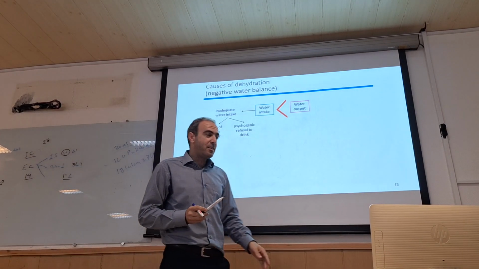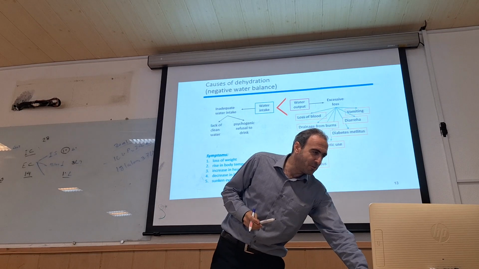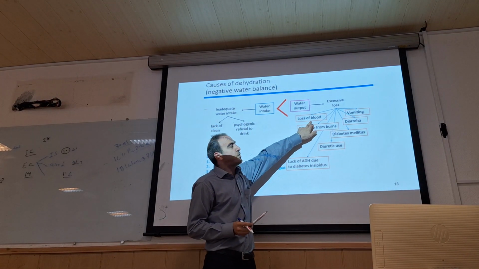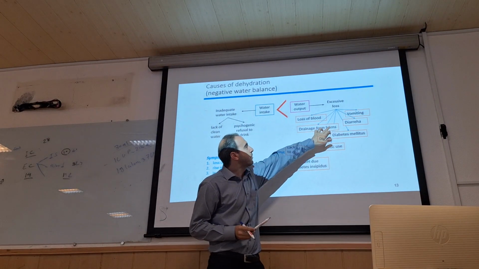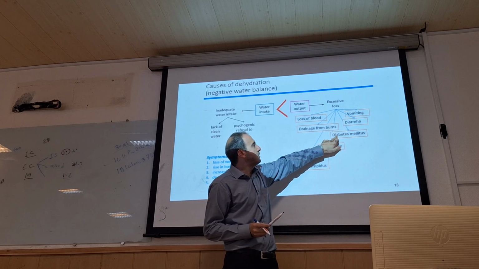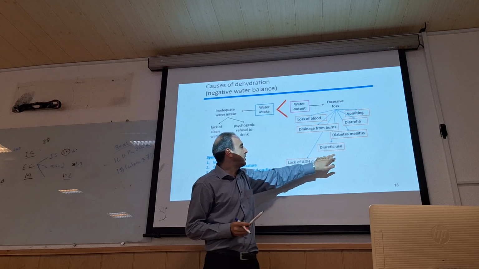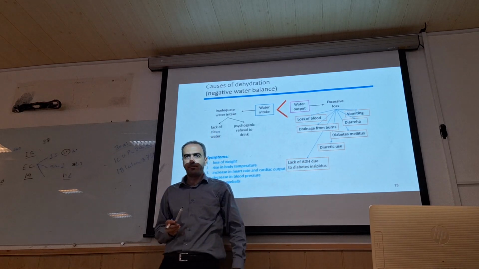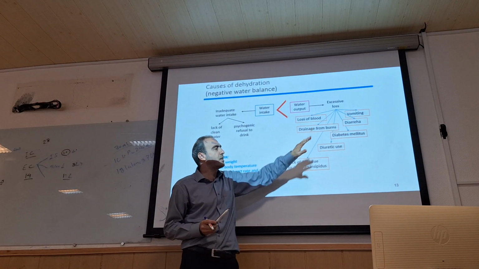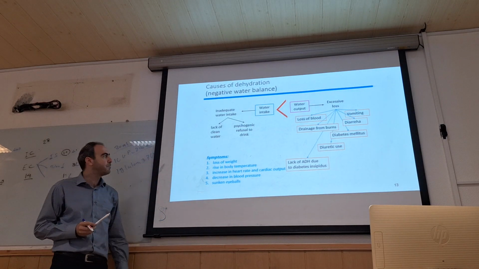And the main reasons for increased water output are loss of blood, vomiting, diarrhea, diabetes mellitus, burns, diuretic use, and lack of ADH. They are the main reasons for excessive water loss.